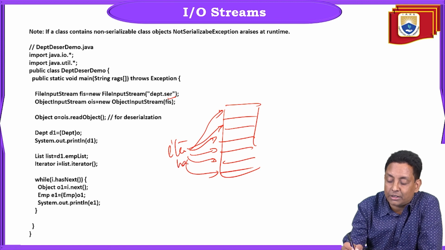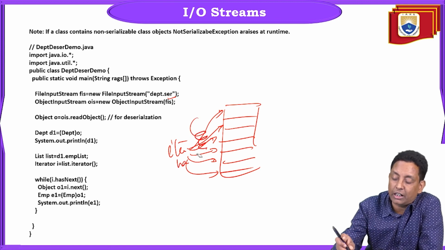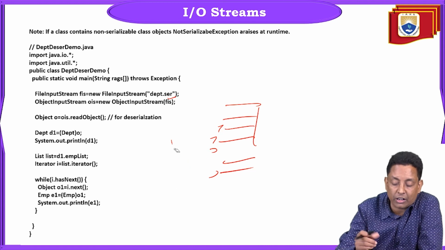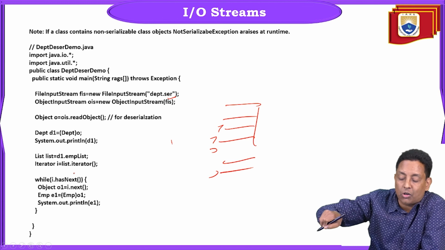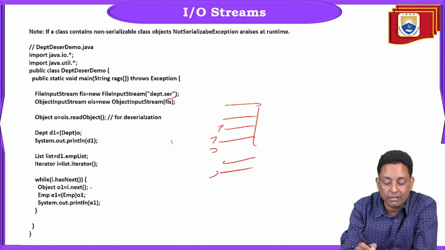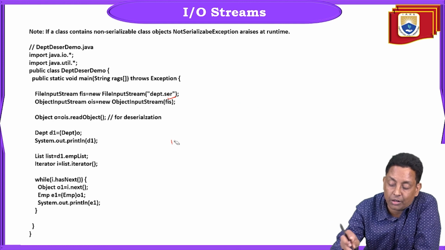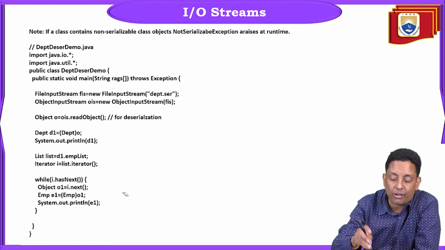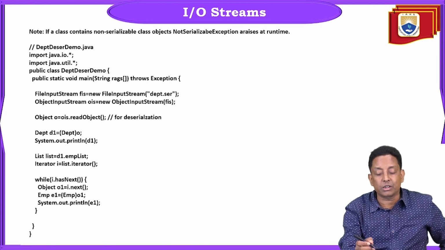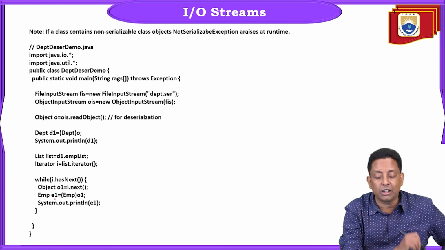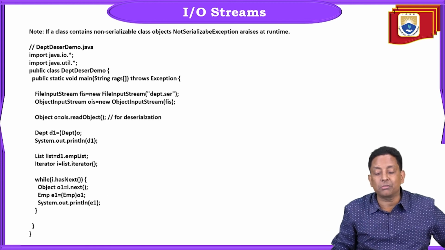The hasNext method will look for each object, and the next method will return that object. So the same thing we are doing here. iterator.hasNext will go and check whether the next object is available or not. If it exists, the next method will return that object. So what type of objects will come through that list? Employee objects. So you typecast each object into Employee and print the employee. This is how the deserialization program is completed.